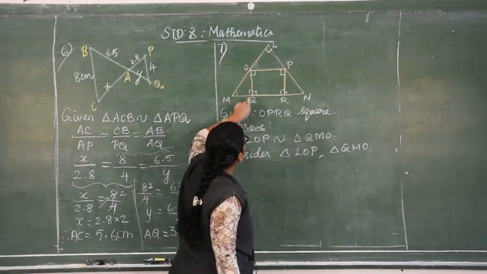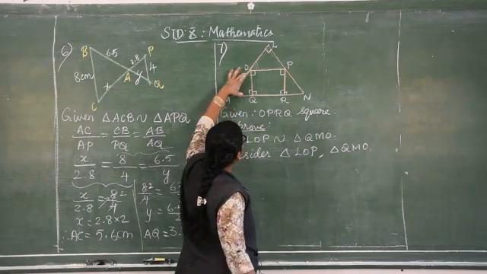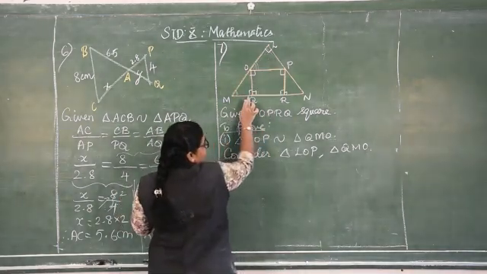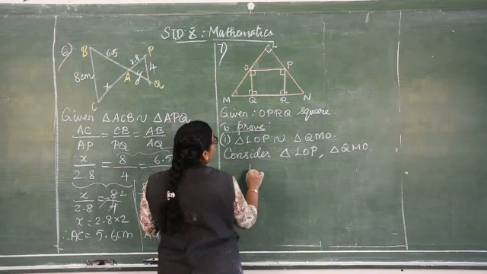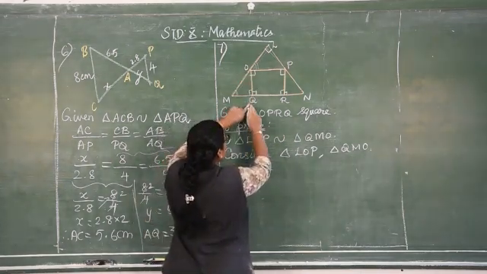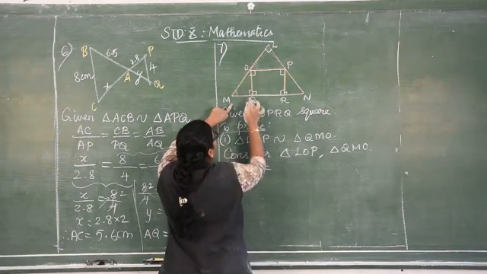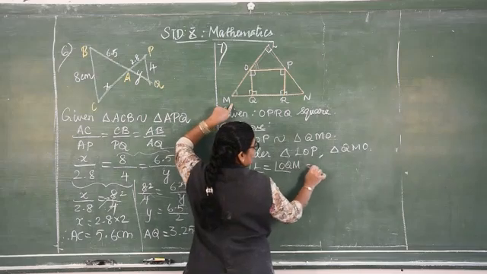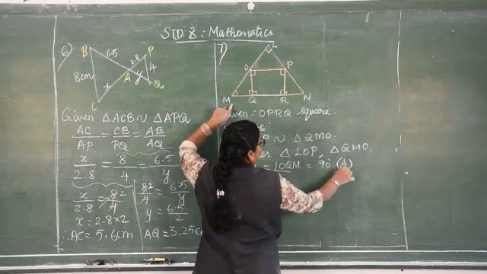These two are parallel, so we will say corresponding angles are equal. And we know this is 90 degree, this is also 90 degree. So I can write measure of angle L is equal to measure of angle Q. This Q can be written as OQM, this is 90 degrees, so it is angle.